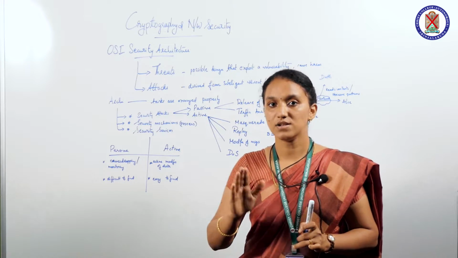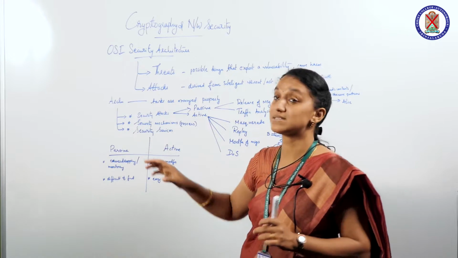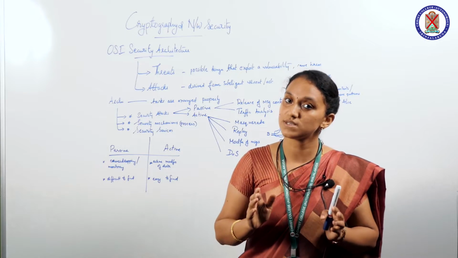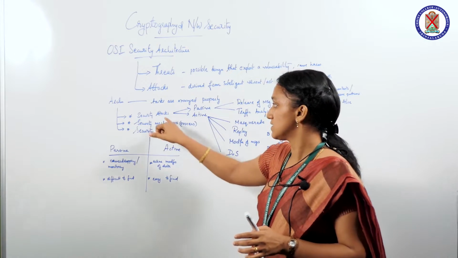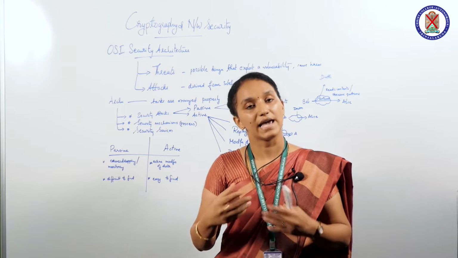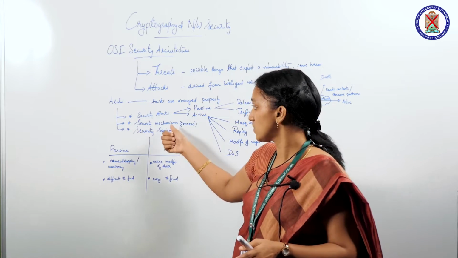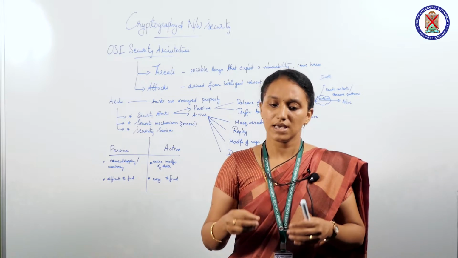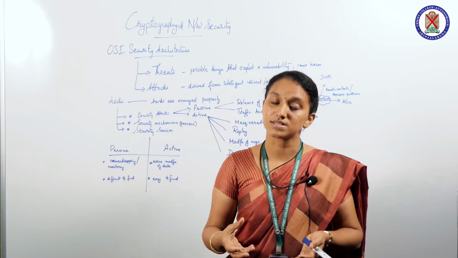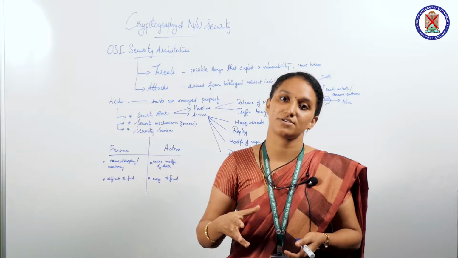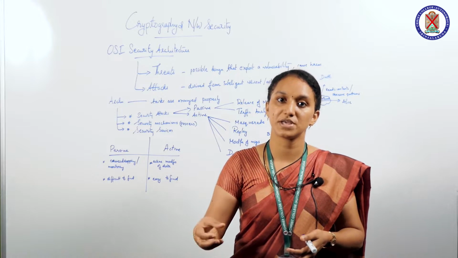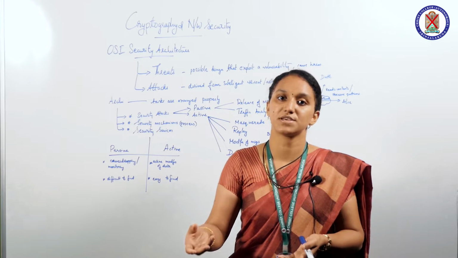Let's go in detail. Before that, let me say what security mechanisms are and what security services are. I said a security attack is any action that compromises computer security. The second one is security mechanisms. A security mechanism is a process that is used to detect a security attack or a security breach, or recover from a security breach.